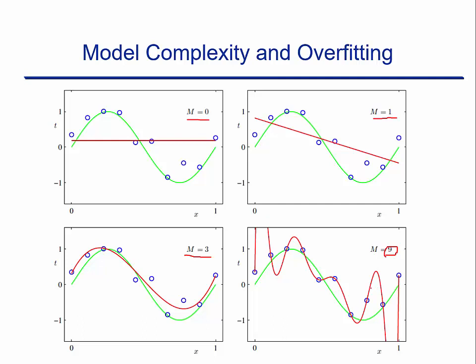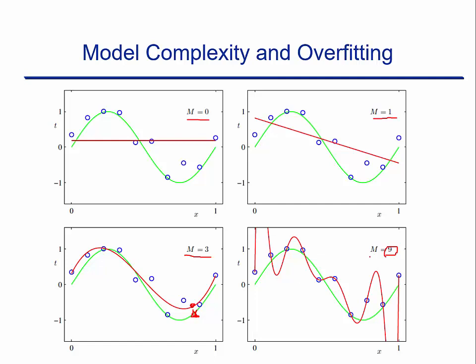If we sample another data point from the cosine function, say a point here, then our estimation with M equals 3 is somewhere here, which is relatively close to the true value.